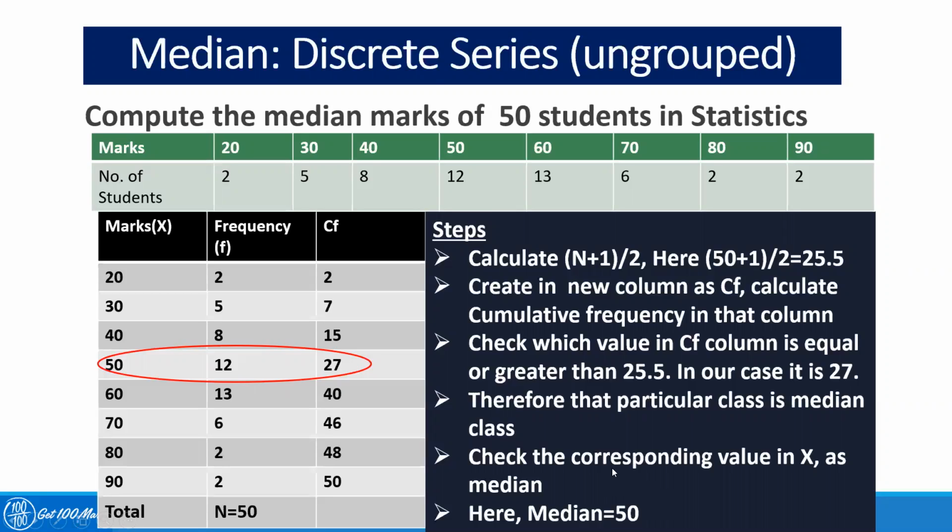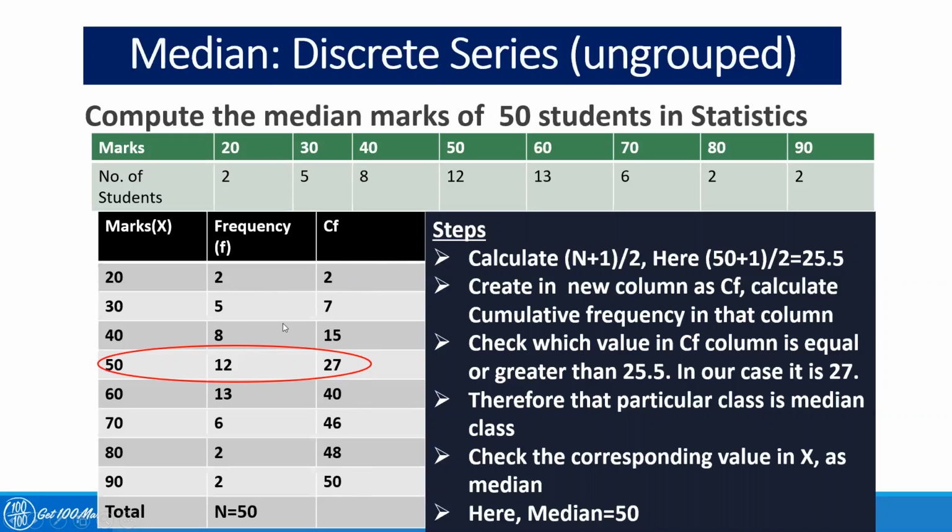We have to create a new column called cumulative frequency. I have added this column in my data set. You can see here CF. How to calculate cumulative frequency? You have to keep on adding. So the first cumulative frequency will be the frequency only, which is 2. 2 plus 5, next CF will be 7.